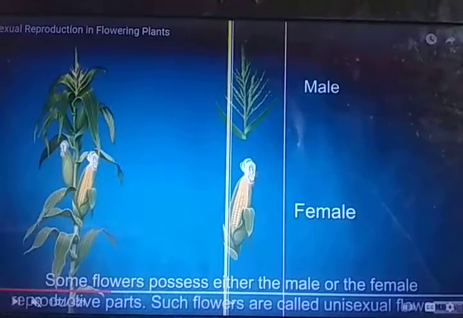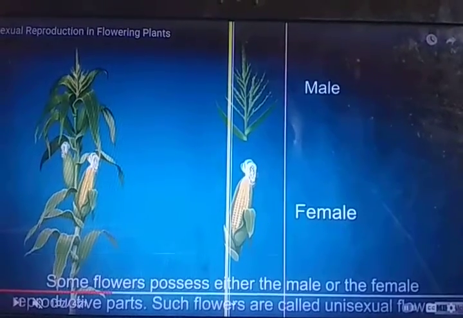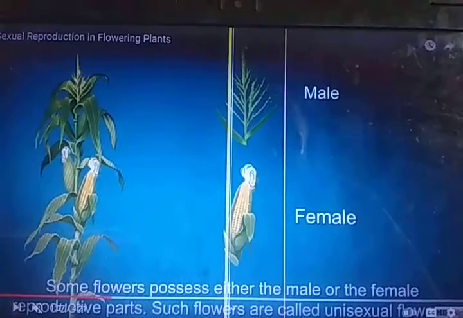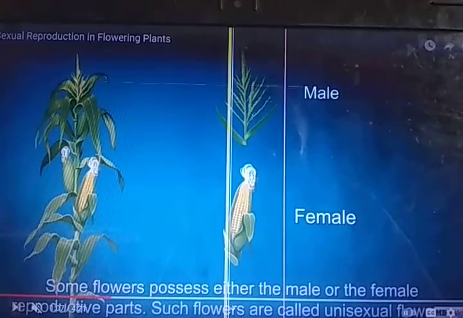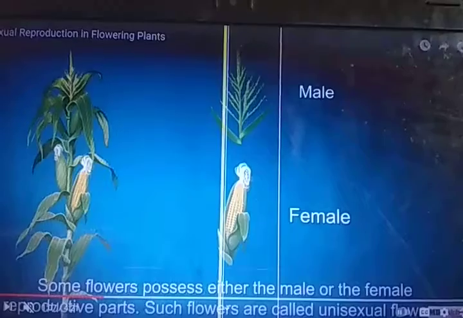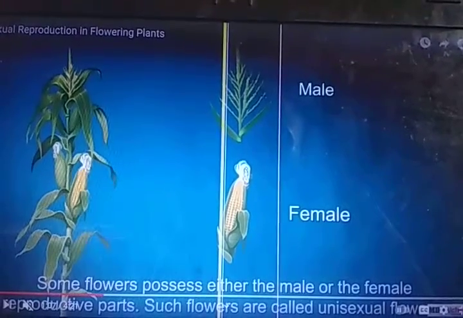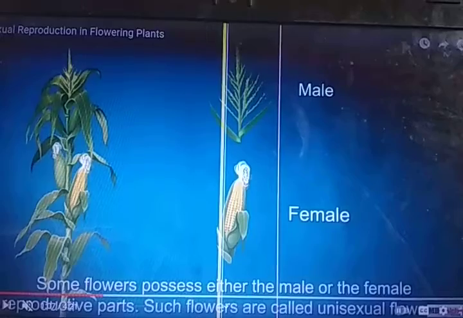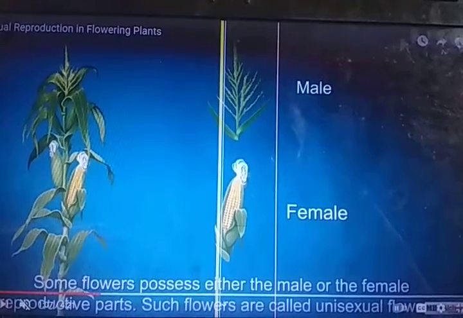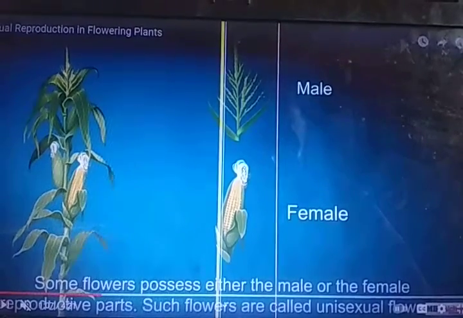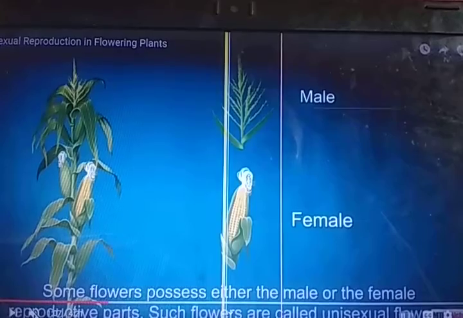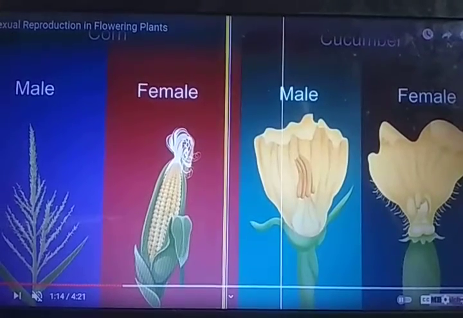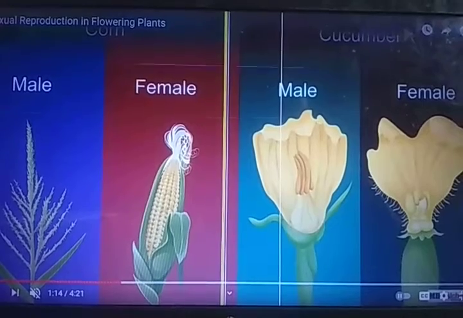Some flowers possess only the male or the female reproductive part. They are known as unisexual flowers. Let's take a very common example, like this corn, that is maize. It has separate male and female parts, so they are known as unisexual flowers. We already know that sweet corn has a male part and a female part.